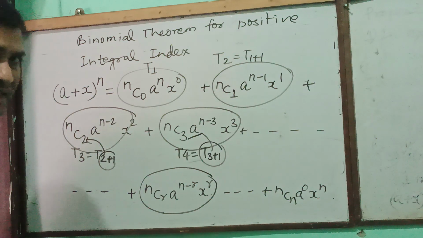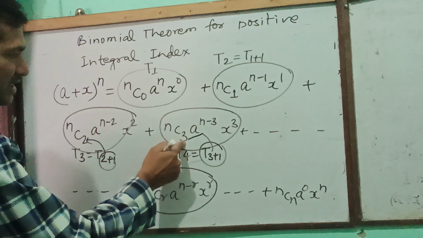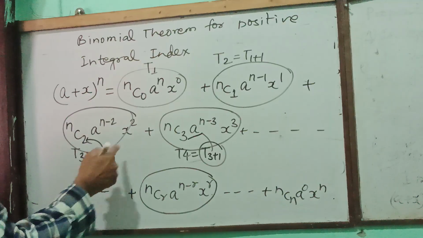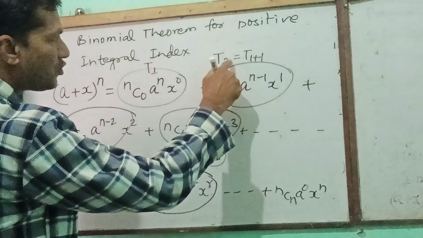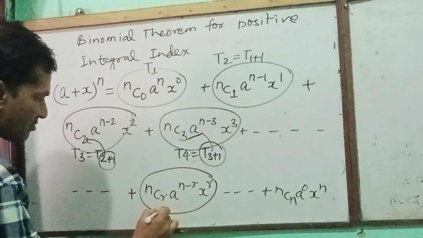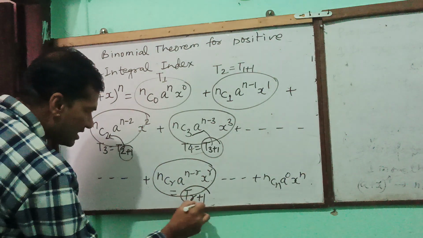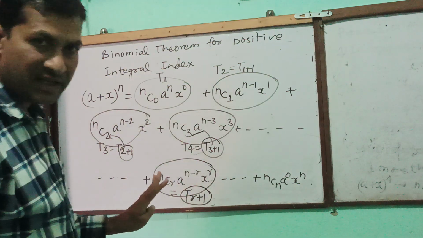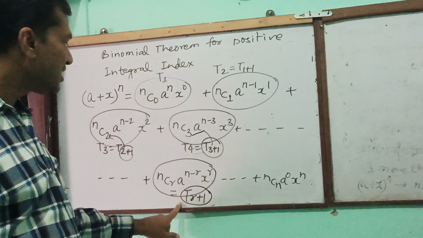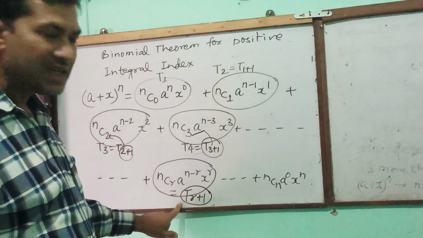So which term will this be? Just imagine. T4 means 3 plus 1, T3 means 2 plus 1, T2 means 1 plus 1. So nCr, this term will be T(r plus 1). Clear? So this one is T(r plus 1), known as the general term of a binomial expansion.